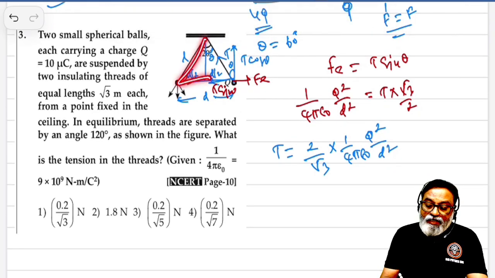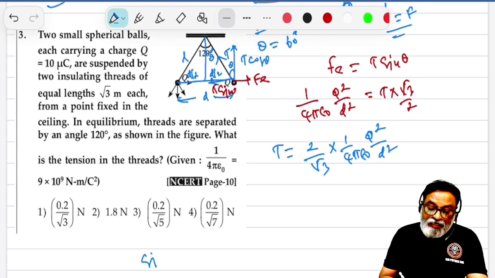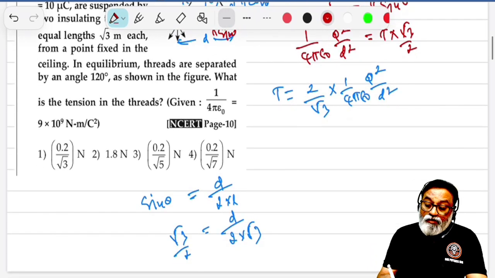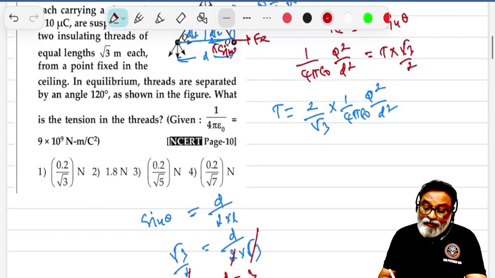See, from this triangle, sin theta is equal to opposite side d by 2 by hypotenuse L. Therefore, sin 60, √3 by 2, equals d by 2 by L, where L is √3. Therefore, this √3 and 2 get cancelled. Therefore, d is equal to √3 into √3, that is 3 meters.